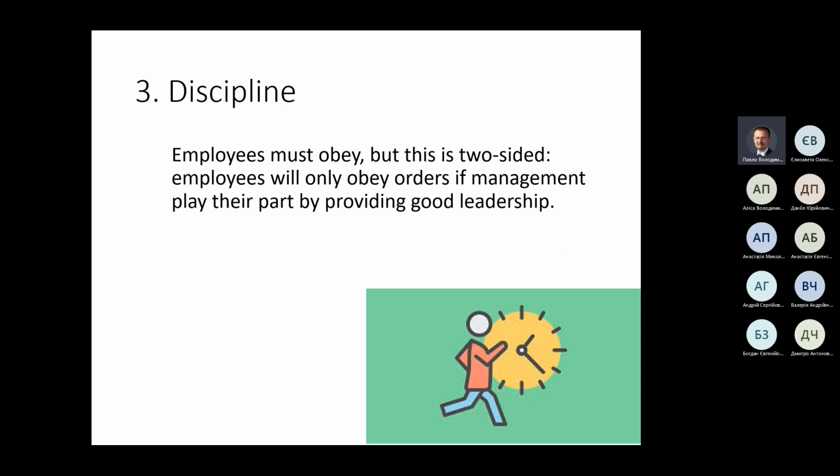Discipline. Discipline means that there must be a rule that workers in an organization must obey managers and must obey the corporate culture of the company. So they must obey some rules within the company.